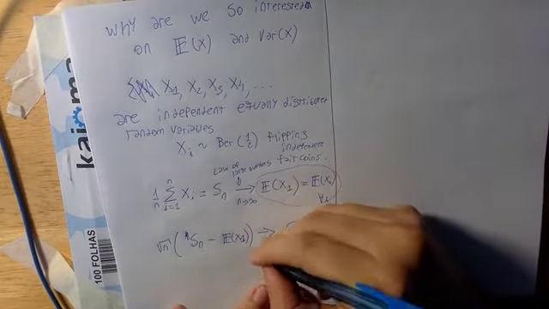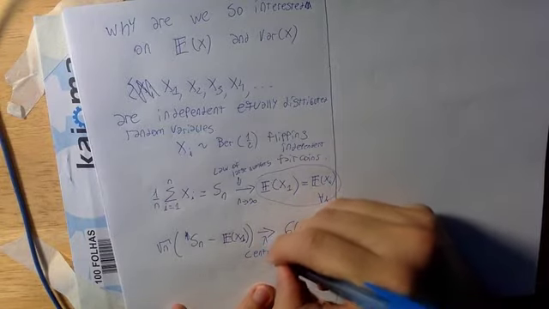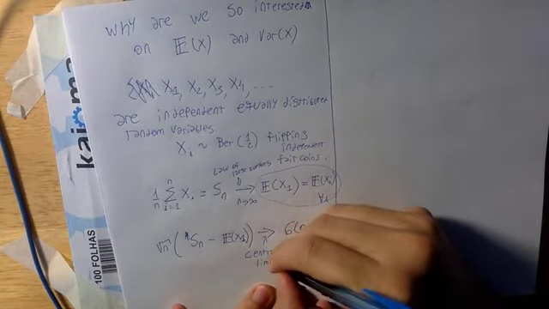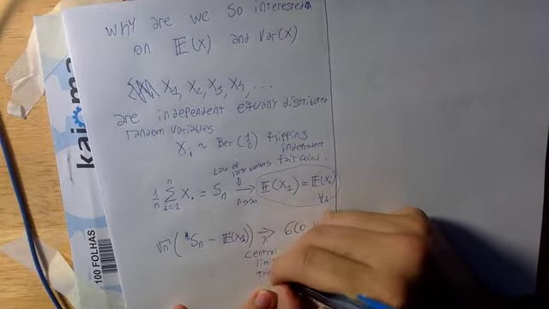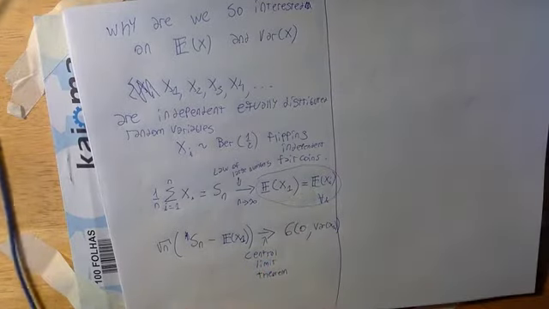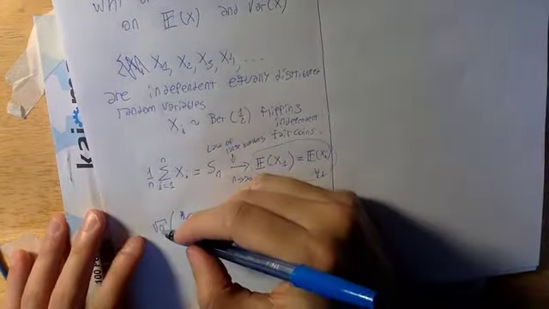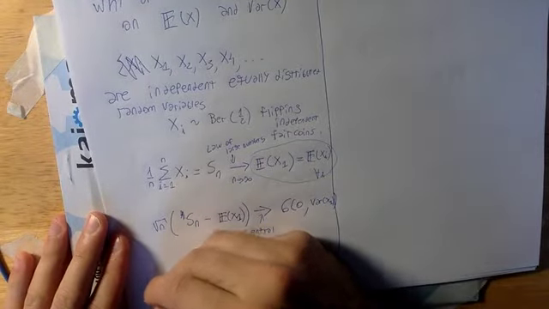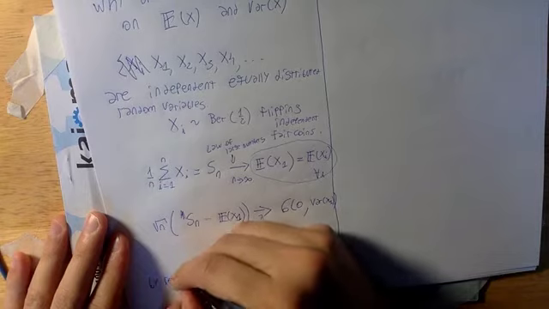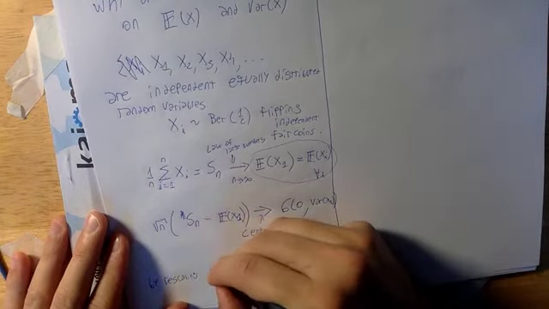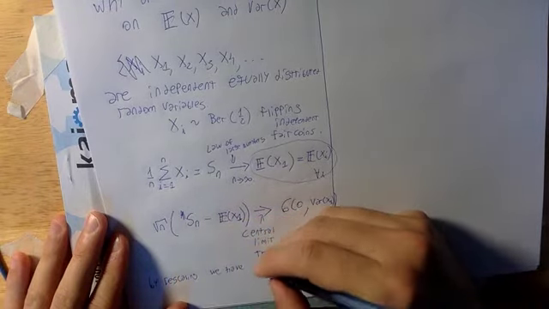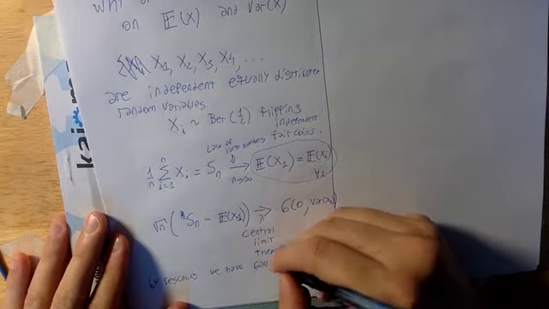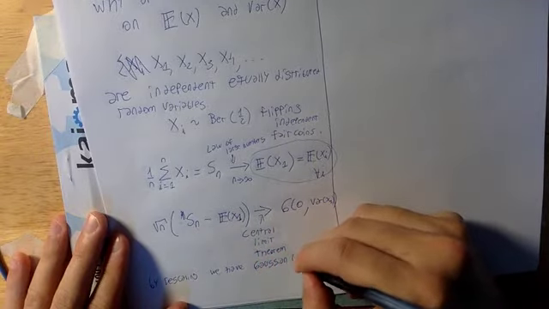This is the central limit theorem. What this is telling you is that by rescaling, we have Gaussian behavior.